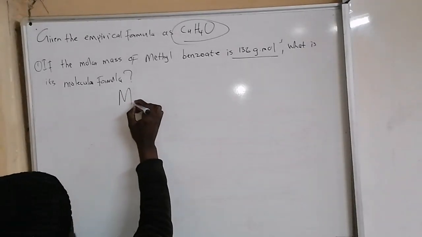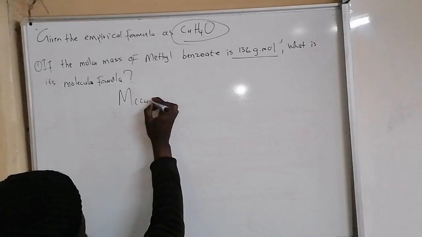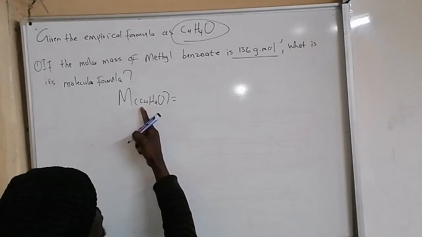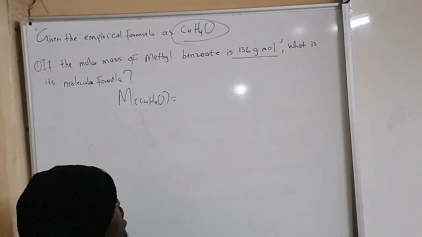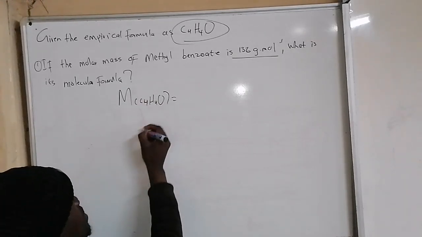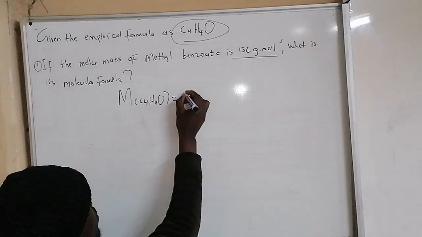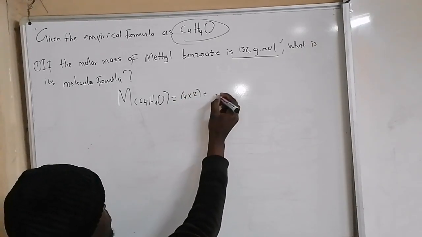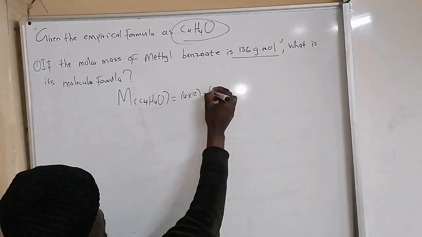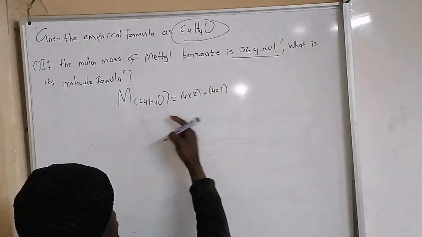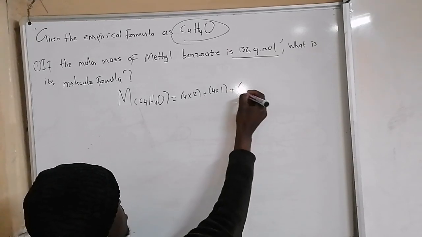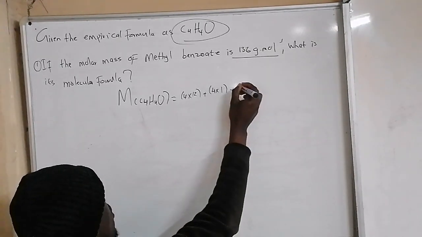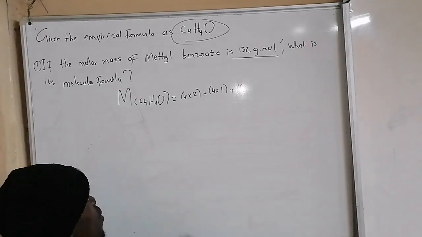Now we find the molar mass of the empirical formula. The relative atomic mass of carbon is 12, and the subscript for C is 4, so 4 times 12, plus 4 times the relative atomic mass of hydrogen, which is 1, plus the subscript for oxygen is 1, so 1 times 16.